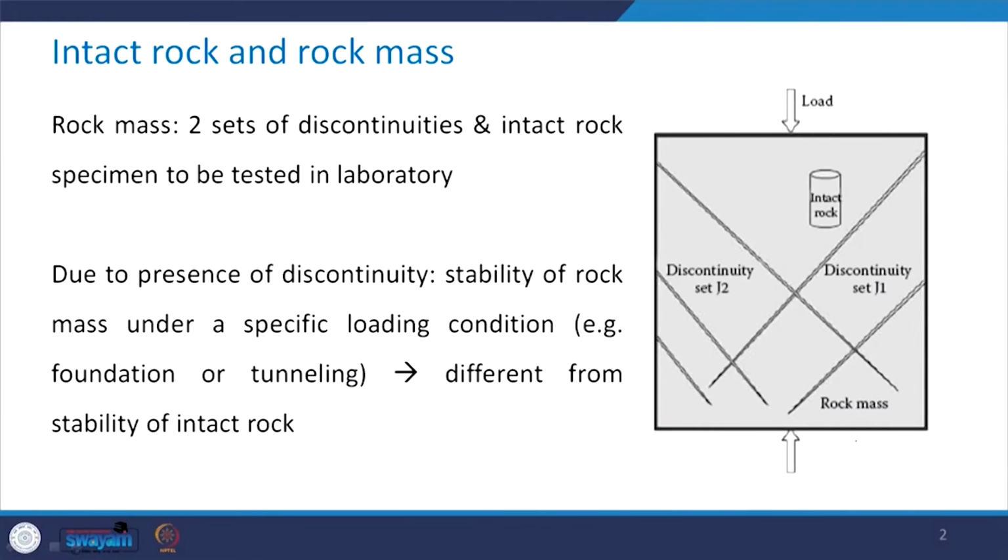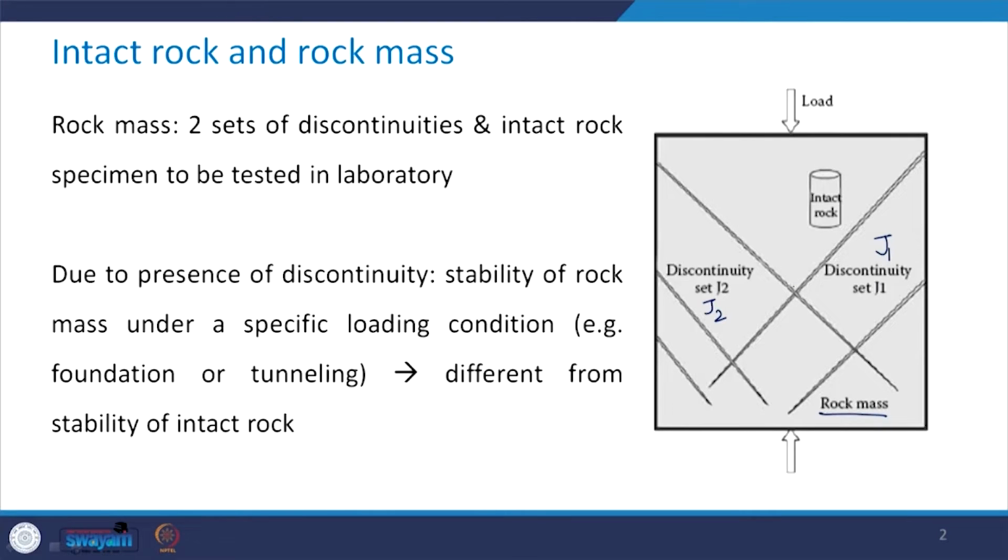So here in this picture you can see that a rock mass has been shown which has two sets of discontinuity. So let us say the first set is J1 here and the second set is J2. That means you know that how we define the discontinuity set.